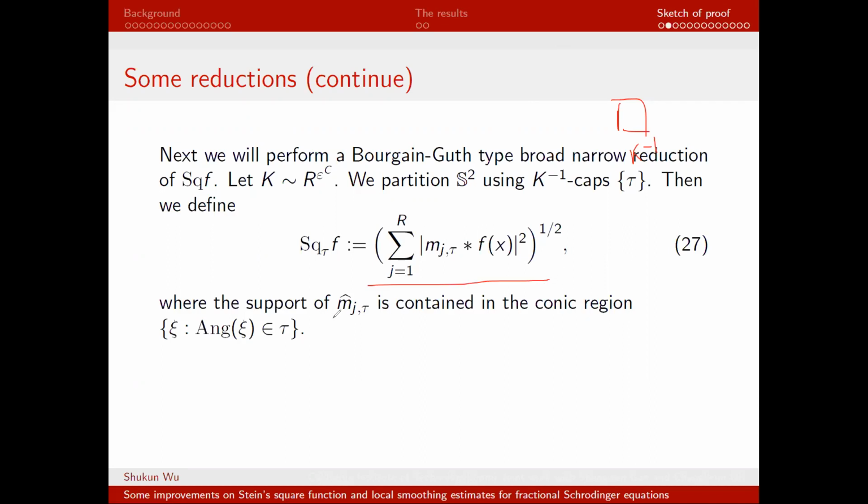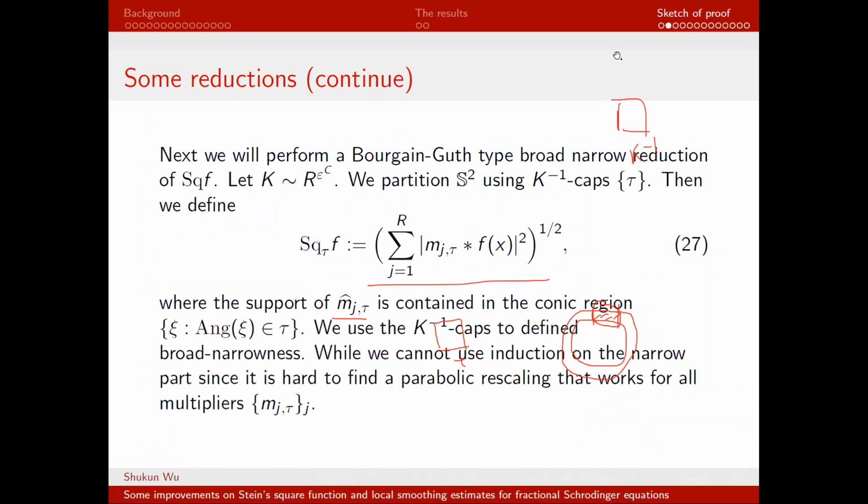Each m_j tau is a Fourier multiplier, which is the portion of m_j restricted to the region of tau. Let me draw a picture here. This is the whole m_j, and this is some region that the directional cap tau determines, and m_j tau is basically a smooth function supported in this region.